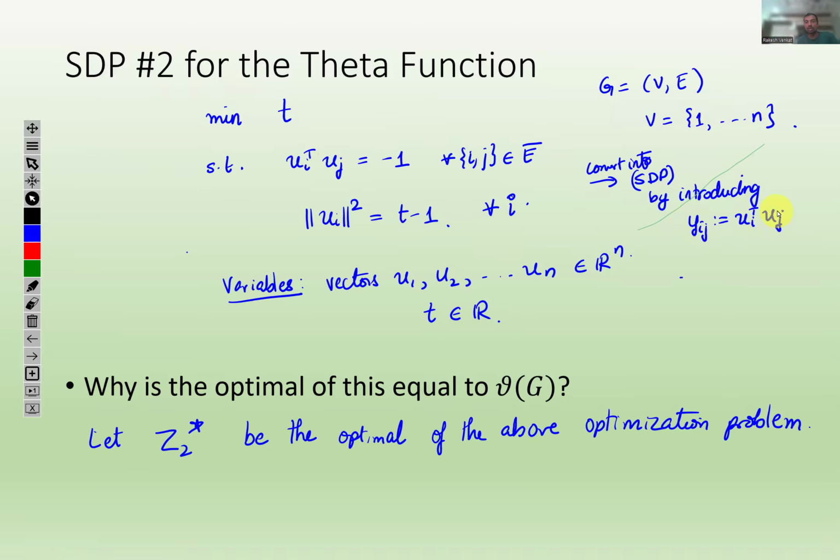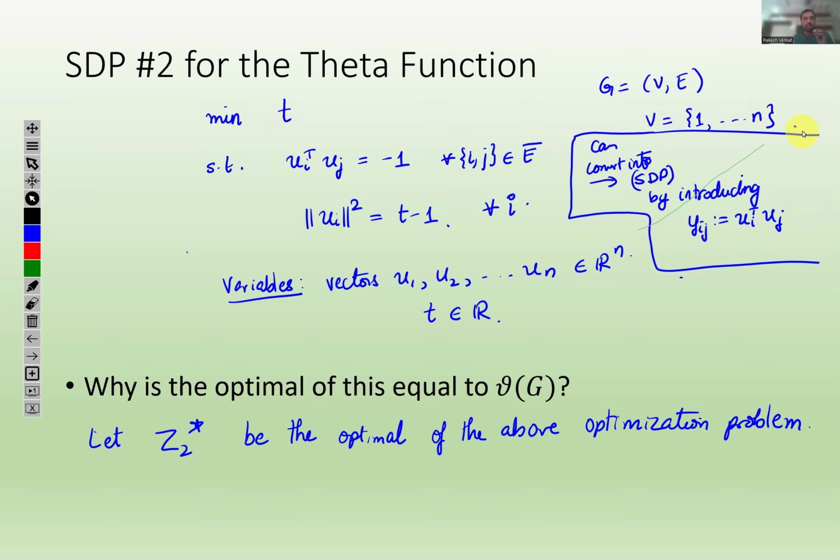So certain of the Yijs are set to be equal to -1, certain Yiis are equal to t minus 1, and overall, the matrix has to be positive semi-definite. So you can convert it, but for our purposes, since we are not going to do the full proof for now, it is fine to just leave it in its current form.